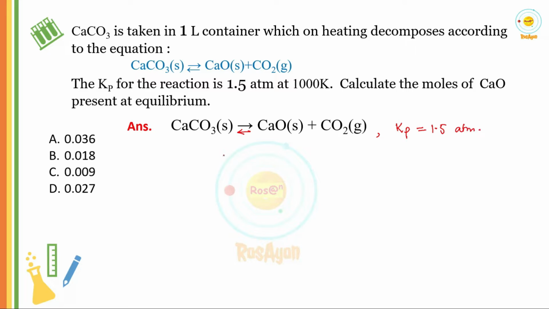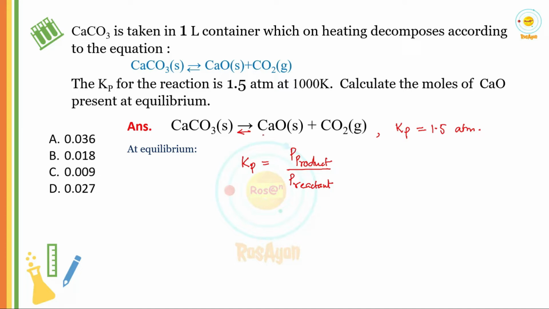Now for this reaction, if I talk about Kp, at equilibrium what is Kp? You must know Kp equals partial pressure of product divided by partial pressure of reactant. Now what are the reactants and products of this reaction?